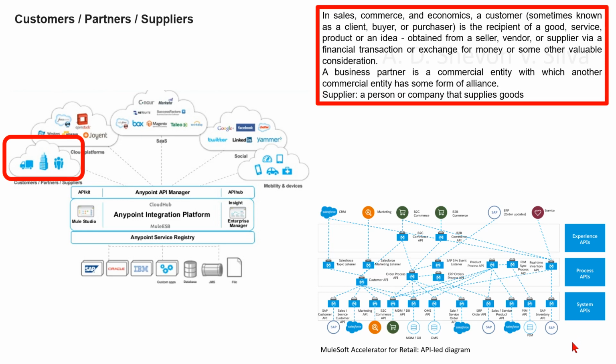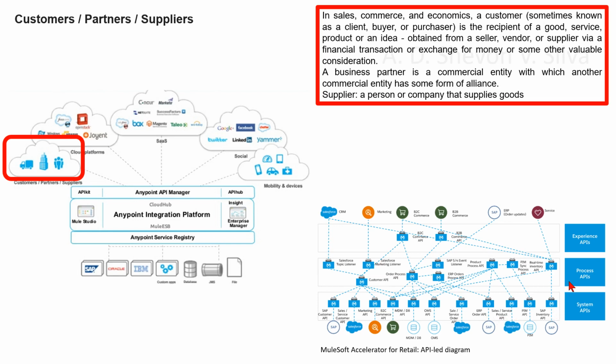Here you can see system APIs. Under system APIs you can see SAP customer API, Sales Service customer API, marketing API, B2C commerce API, MDM DB API, OMS API, Sales Service order API, ERP order API, Sales Service product API, PIM API, SAP inventory API.